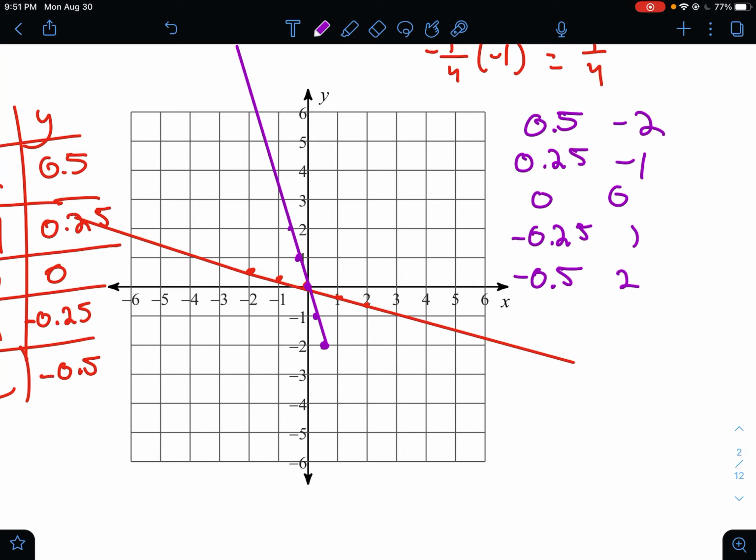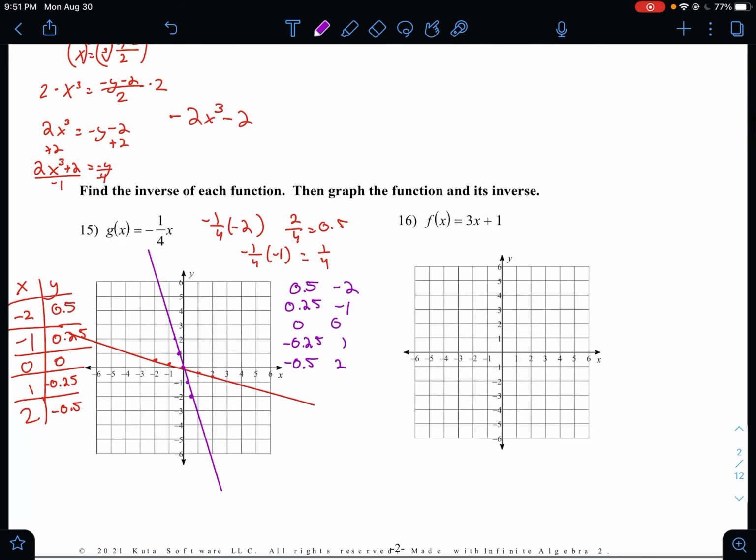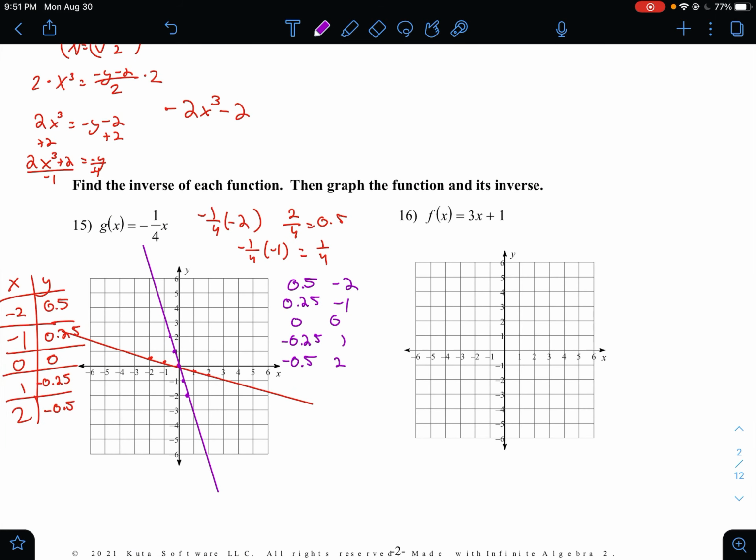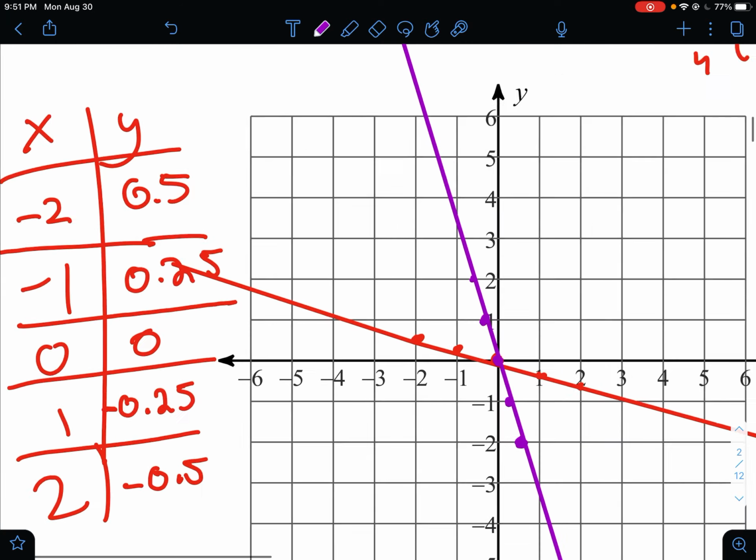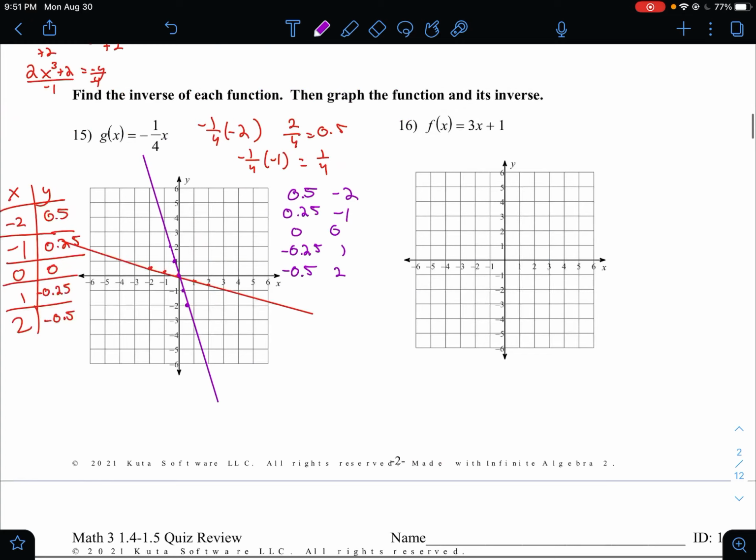So this is our inverse. If you're good with graphing lines, you don't necessarily have to make a table, but that actually might be a little bit more helpful in this scenario because all you're really trying to do is flip the points.